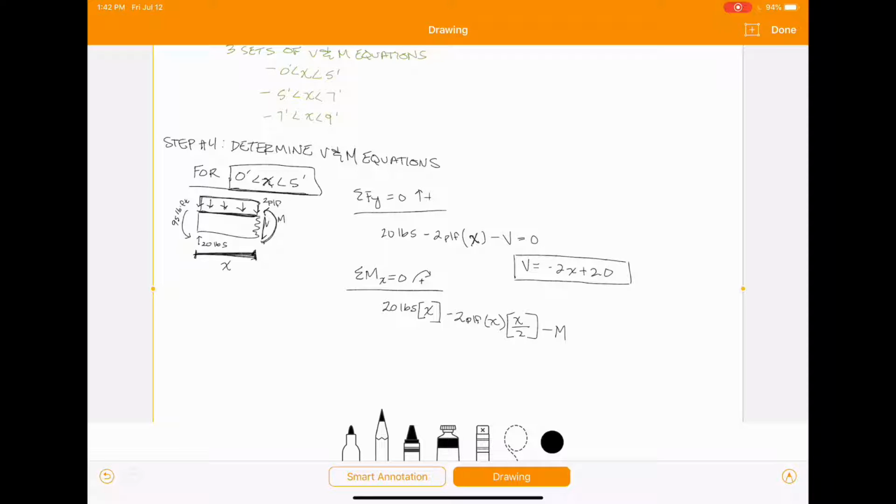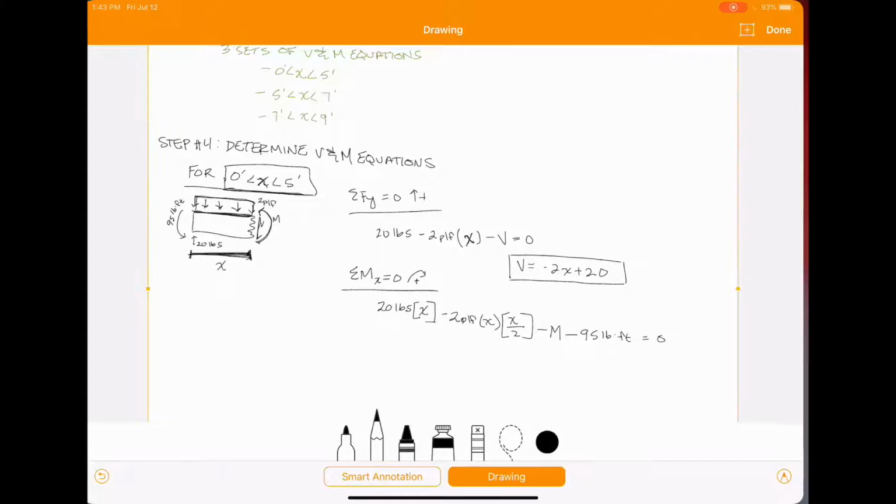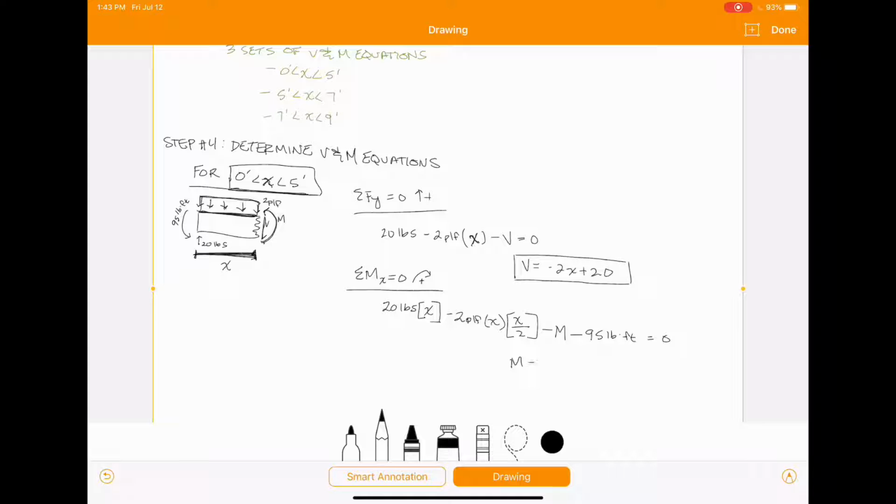Minus M. And of course, don't forget your reaction moment, which is 95 pound-feet, which equals 0. So we can solve for M, and we get that M equals negative x squared plus 20x minus 95.